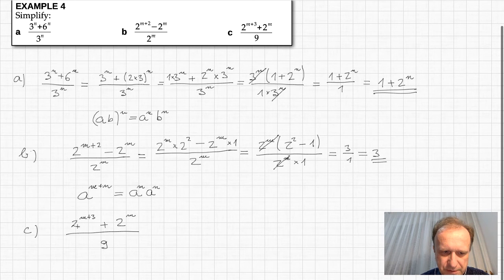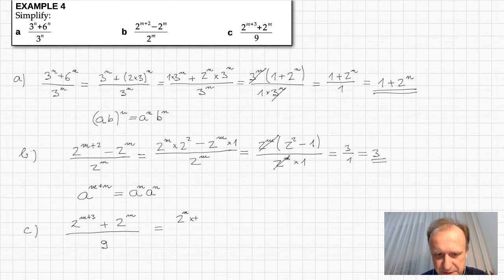Number 2 can be taken as a base. When we use this law here, we can replace 2 to the power of m plus 3 by 2 to the power of m times 2 to the power of 3, plus 2 to the power of m, and imagine there is times 1 included there, divided by 9.